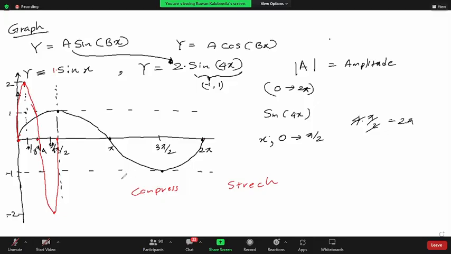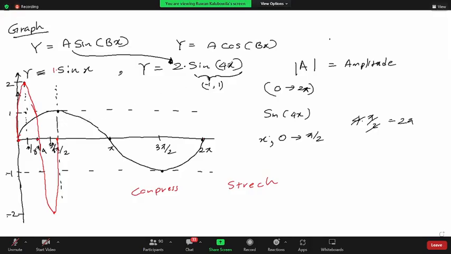Can you tell me, y equal to sin 4x, is it a compressed version of the y equal sin x curve or a stretched version? Compressed, yes. Why?